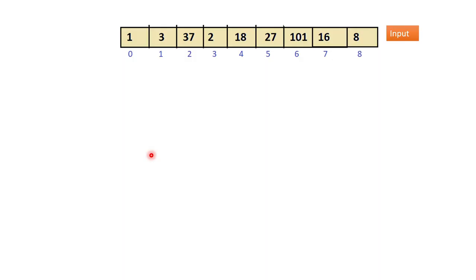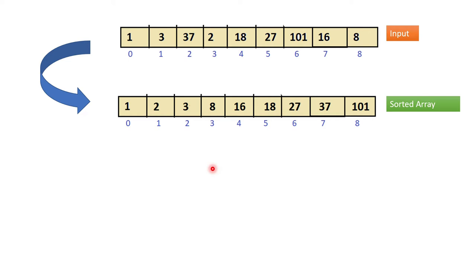Now this is my input array and I have to sort it, and the result will be something like this. So this is a sorted array and this is my input. To sort it using heap sort, I first have to create a heap out of this input array. Now the question is, what kind of heap will I create, a max heap or a min heap?